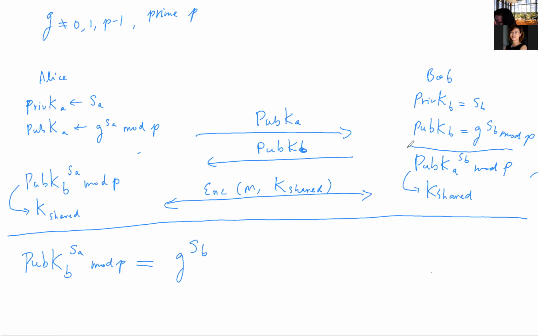We can do the mod P altogether later. So it's essentially G to the SB, to the SA, which is G to the SB SA, mod P. This is on the Alice side.